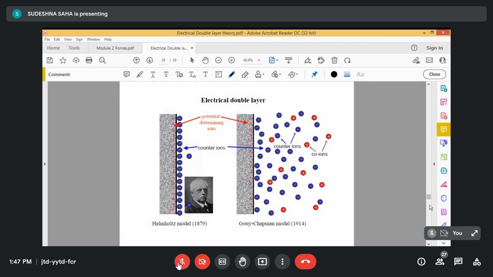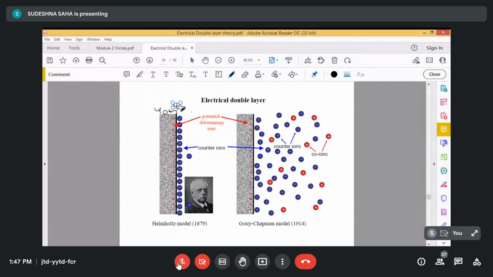So if you consider a flat plate, that has been written over here, having an electrical potential, say psi naught, let us consider this as psi naught, that is actually at the surface.